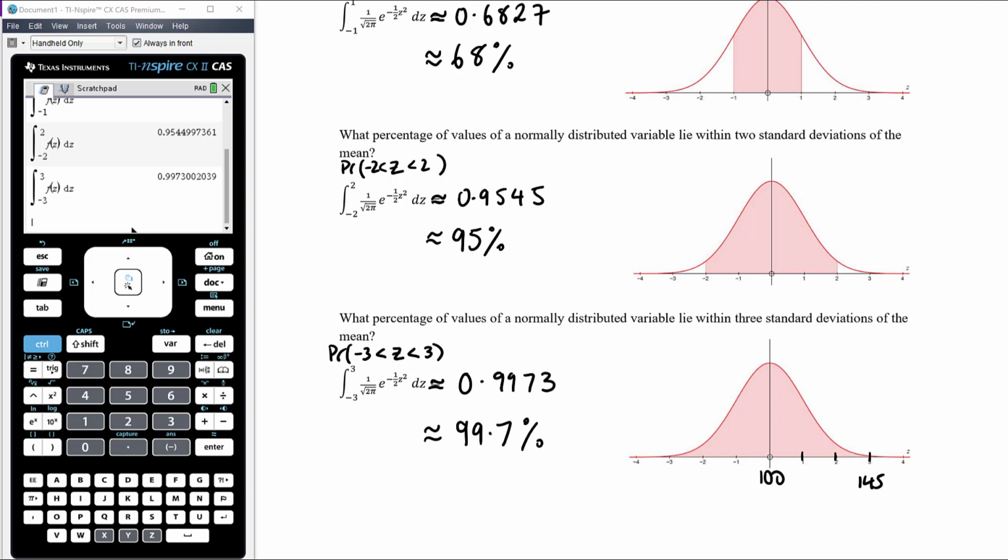Taking away 45 from 100, that would be 55. So the interpretation in the context of the IQ variable is that approximately 99.7% of the population should have an IQ between 55 and 145.